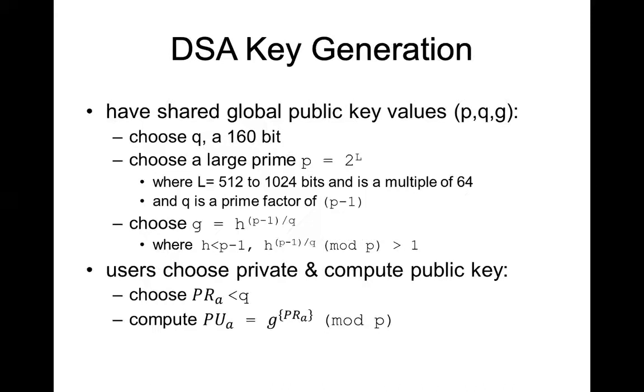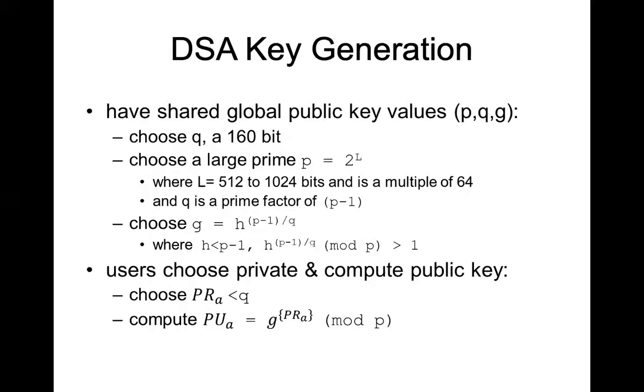So this is just the setup, right? There are some mathematics behind it. We don't need to fully understand all of the details over here. And what happens is that you choose G to be equal to H to the power of P minus 1 divided by Q. Okay, and so the end users choose their private key, and then they compute a public key.